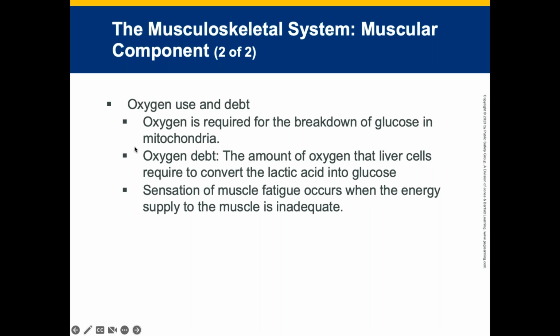Okay. Why is this important to know? Why is it important to know how this metabolism works?